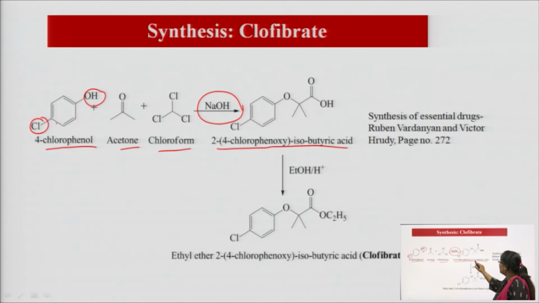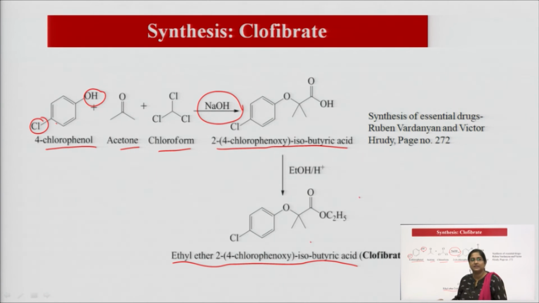In the presence of ethyl alcohol as the vehicle for conducting the reaction further, we will get our clofibrate, which is also called ethyl ester of 2,4-chlorophenoxy isobutyric acid. This is the IUPAC name of clofibrate. So, how is it made? It is very easy.